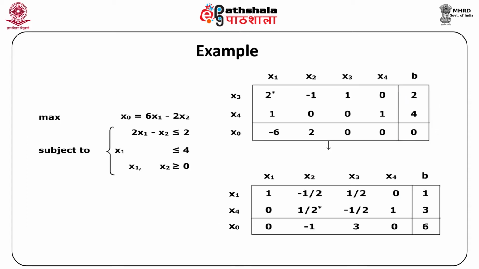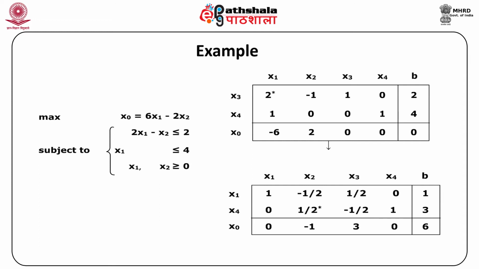The following is an example where the feasible region is unbounded yet the optimal value is bounded. Consider the LPP. Maximize x0 = 6x1 - 2x2, subject to 2x1 - x2 <= 2, x1 <= 4, x1, x2 >= 0.